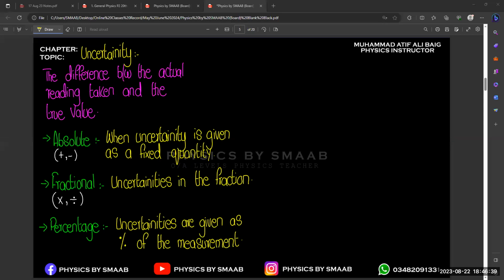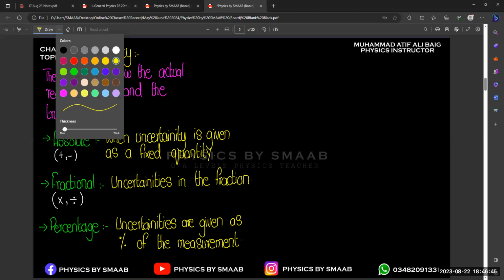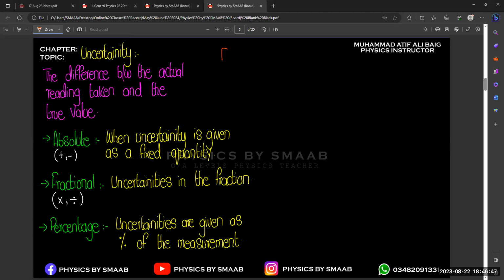Different types of uncertainty. Let's consider an example for the absolute one. Suppose we have a quantity A, 2.0 plus minus 0.2.